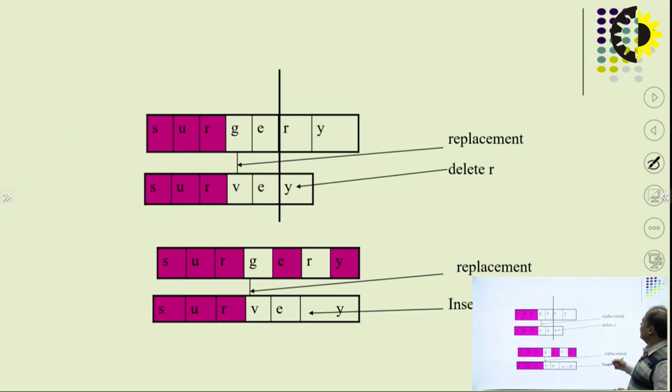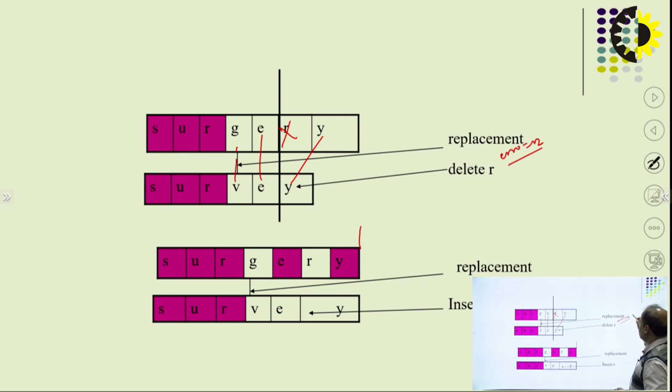Another way: with survey and surgery, we can say one replacement and one deletion. If we delete R, we get the pattern inside the text. This is matching, this is matching, and this is a replacement. So only one deletion and one replacement, which is still error equal to 2.